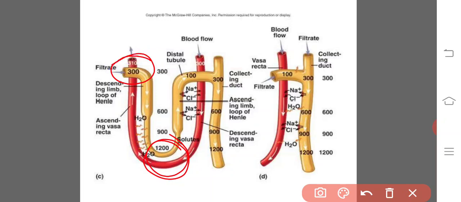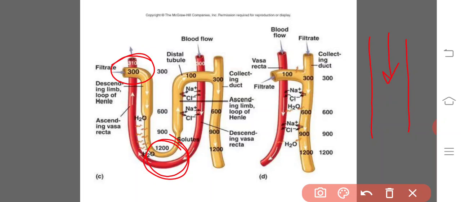The renal filtrate, while traveling from the proximal convoluted tubule to the Henle's loop, sodium chloride and urea are absorbed into the medullary tissue, and thereby the concentration in the interstitial fluids is enhanced.